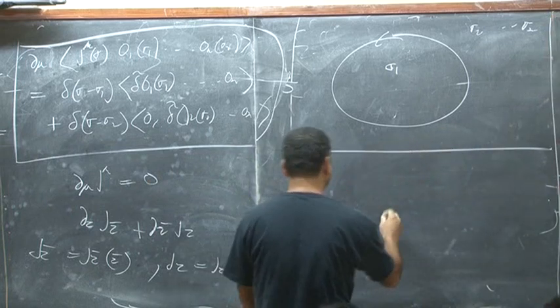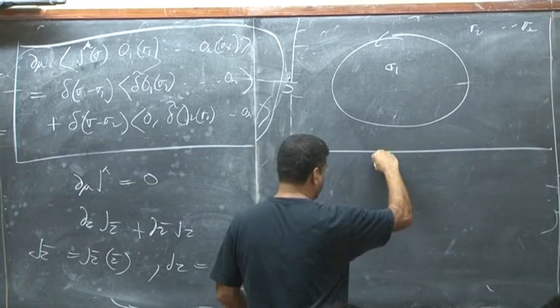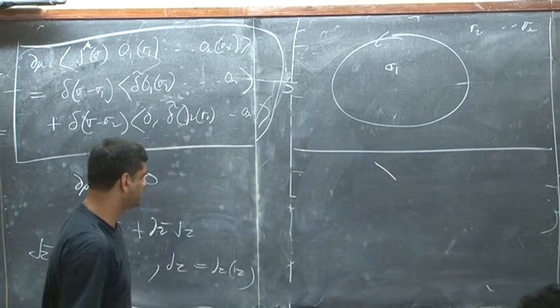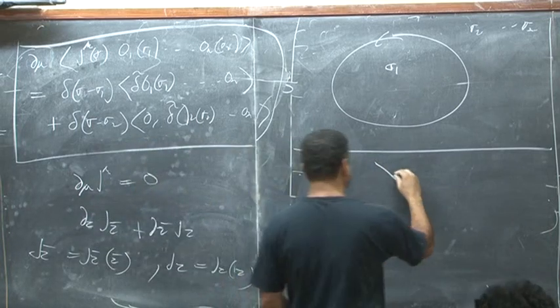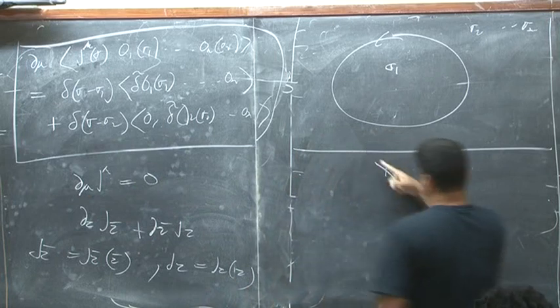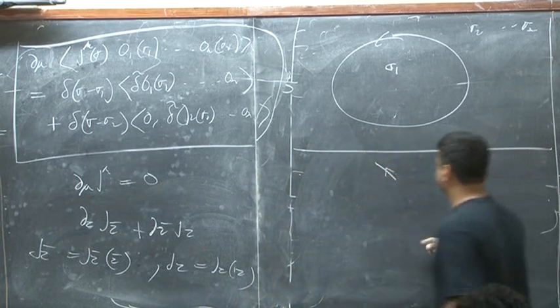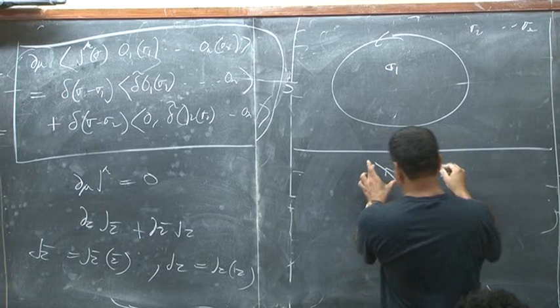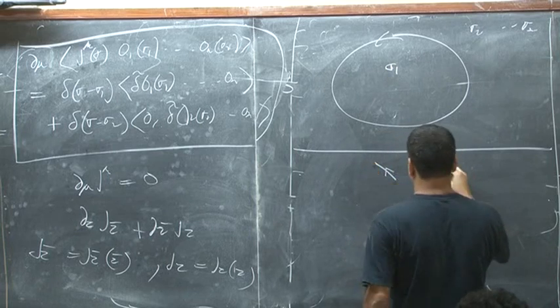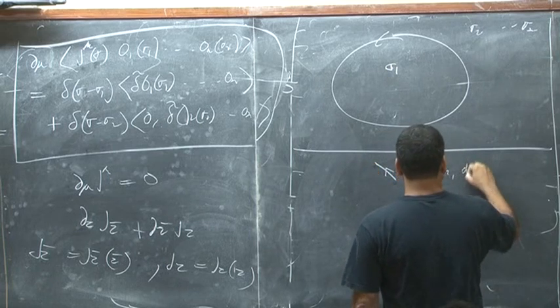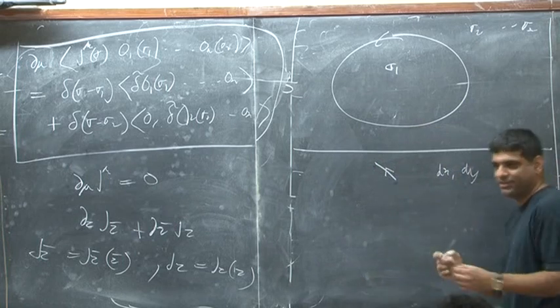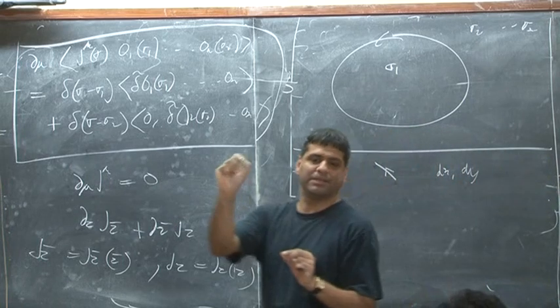So, suppose we've got a little region here. Okay, and in this little region we've got a dx and a dy. You know, this little region, you move a little bit in the x direction, a little bit in the y direction.